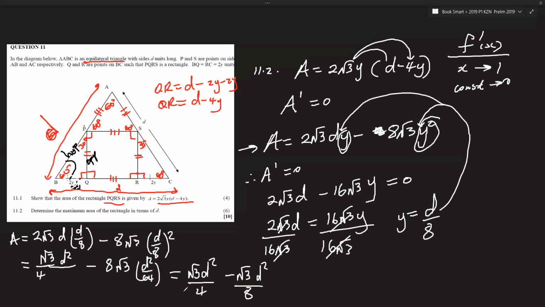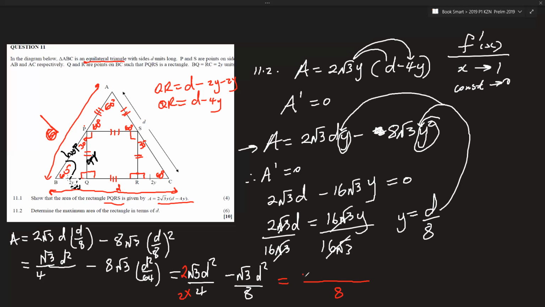So I need the LCD to be the same. So I'm going to multiply this side by 2 so that I can have 8 on both sides. So this must also be multiplied by 2. Now that my LCD is the same, I'm going to have 8 at the bottom.